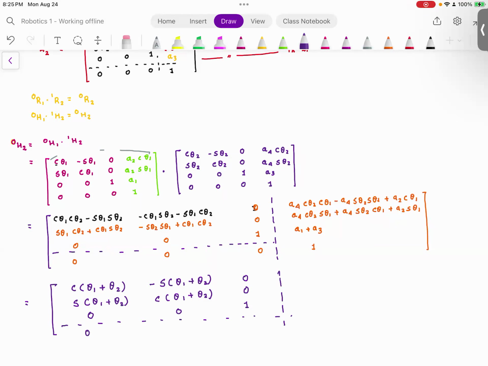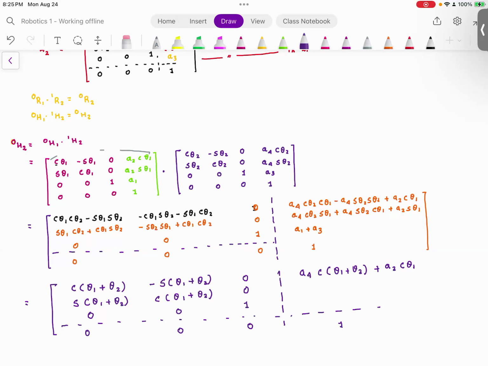This is 0, 0, 0. Now, since I already gave you a hint, I'm going to take A4 common outside. Once I take A4 common outside, I have cosine theta 2, cosine theta 1, minus sine theta 2, sine theta 1, which is nothing but A4 cosine theta 1 plus theta 2 plus A2 cosine theta 1.